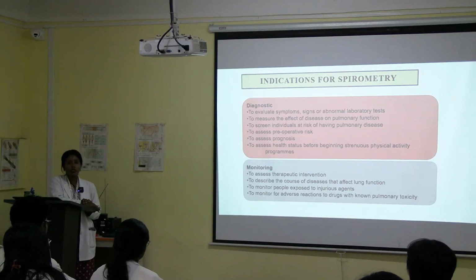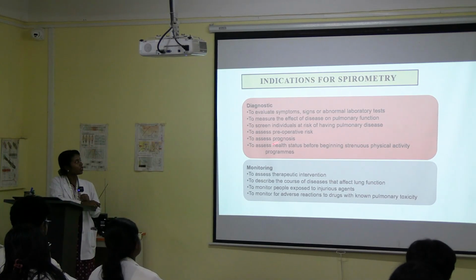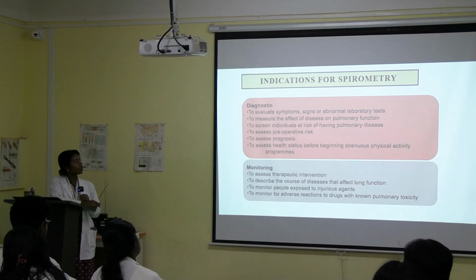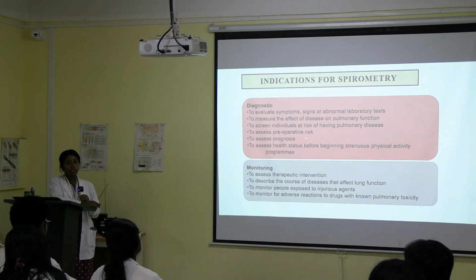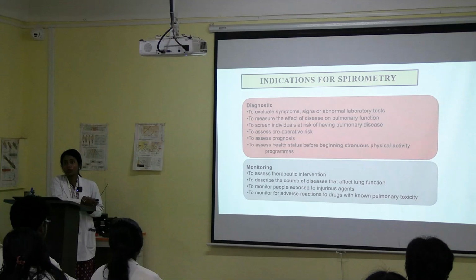Diagnostic means we are going to diagnose something. Then to measure the effect of disease on pulmonary function, then to screen individuals at risk of having pulmonary disease, then preoperative risk, then to assess the prognosis. So if the person is having any... you know about asthma patients, right?